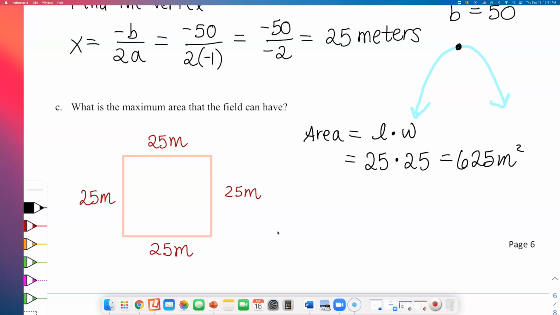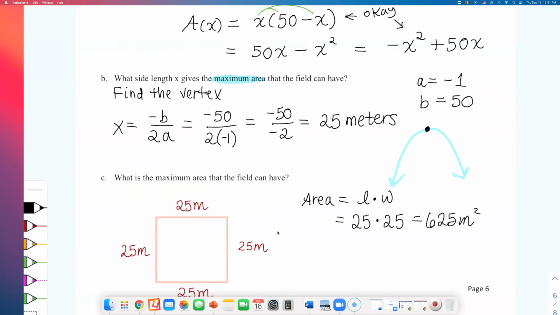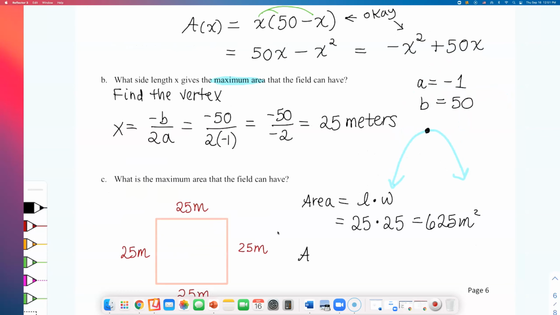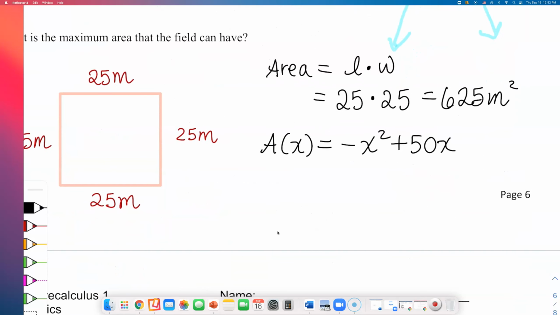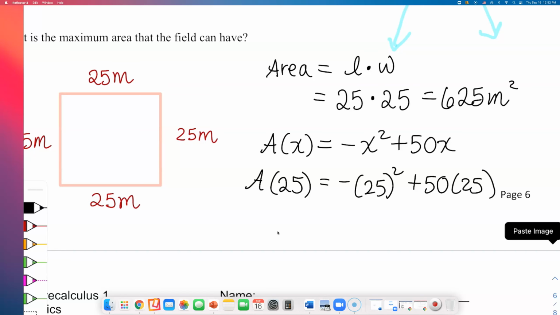So I did it by actually figuring out the dimension of this rectangle, but you don't have to do that. We have an area formula, A of x, which we found above. So if you want to plug in 25 there, let us do that and see if we get the same thing. What's A of 25? I have to do negative 25 squared plus 50 times 25. I want to see that this also comes out to be 625.